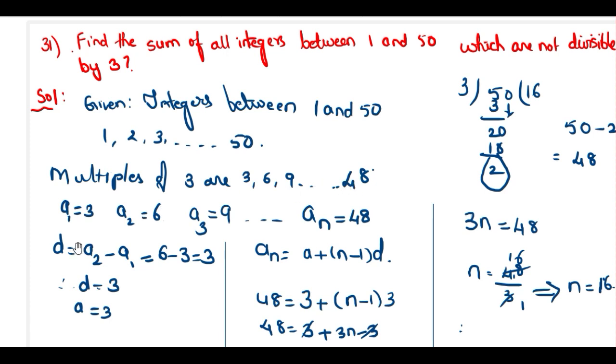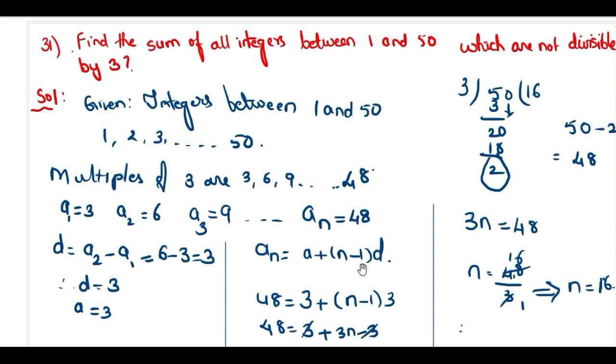Now, we can see that this is an AP. A1 is 3 and A2 is 6. So we can find the common difference, that is A2 minus A1, which is equal to 3. We need to find how many such terms are there which are divisible by 3. So, the nth term AN is 48.